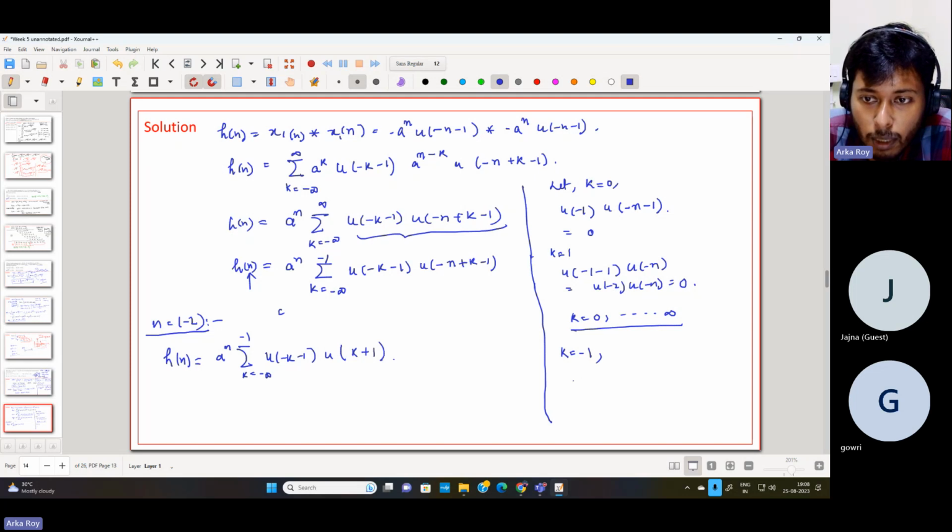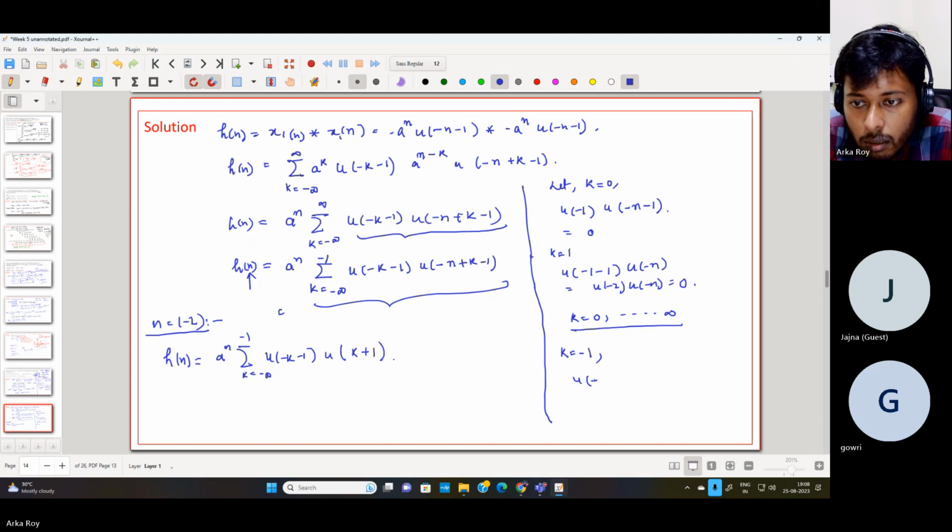So when k is equal to minus n, the thing that is inside this particular argument will be u of minus 1 that will be plus 1, then minus 1, u of minus n plus k minus 1. Therefore, I will get u of 0 multiplied with u of minus n plus k minus 1. So that is u of 0, we know that it is 1. So effectively, the output is u of minus k plus u of minus n plus k minus 1.